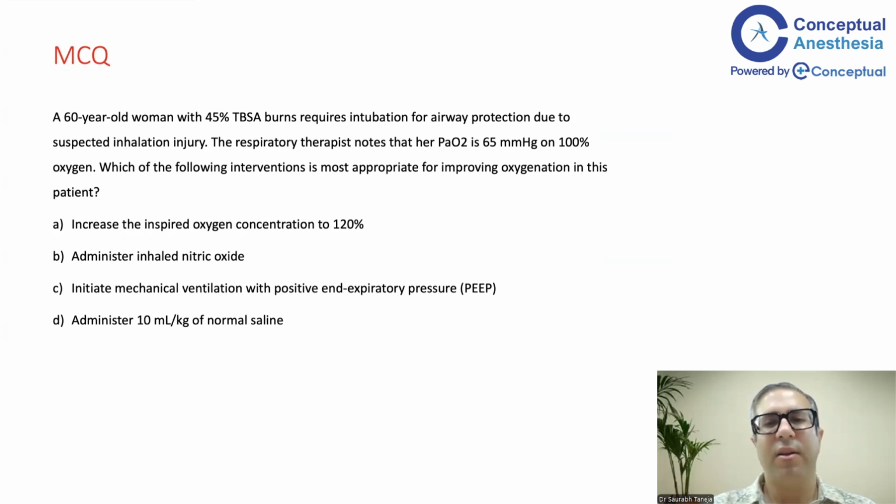The saturation on 100% oxygen should be around 98%, and the PO2 should be more than 400 routinely. Here the PO2 is just 65. That means the patient is having some airway injury or inhalation injury, and that is what is suspected. Which of the following is the most appropriate step?